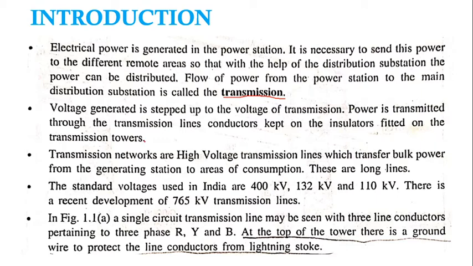So how are we going to transmit our electrical power from the generating station to the substation or distribution station? We connect our transmission lines, which are fitted on insulators with the help of transmission towers. Transmission networks are high voltage transmission lines which transfer bulk power from the generating station to the area of consumption.